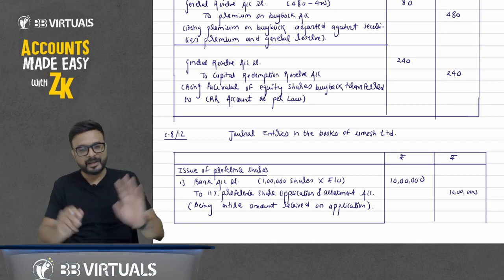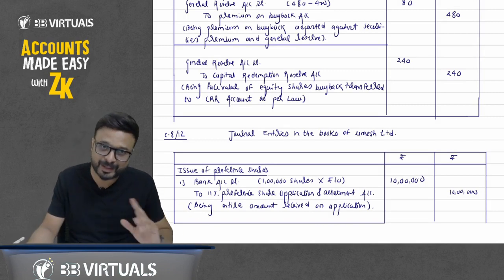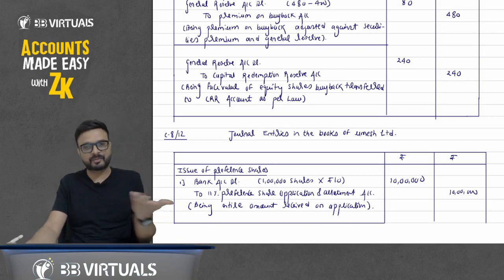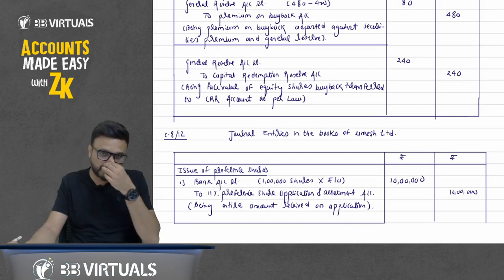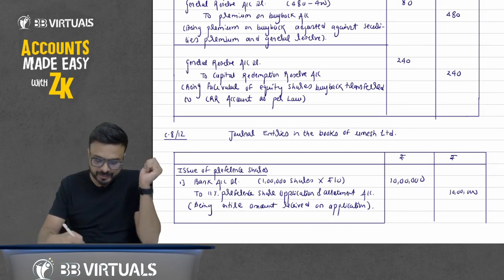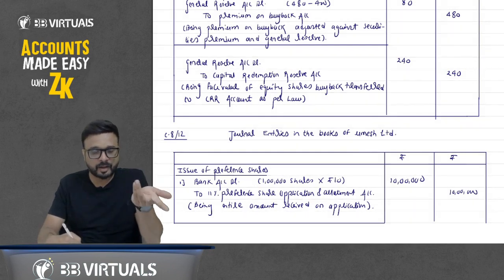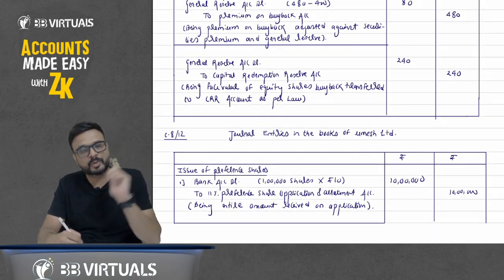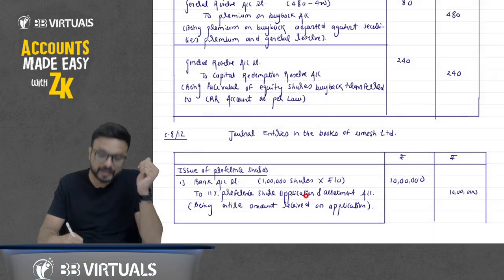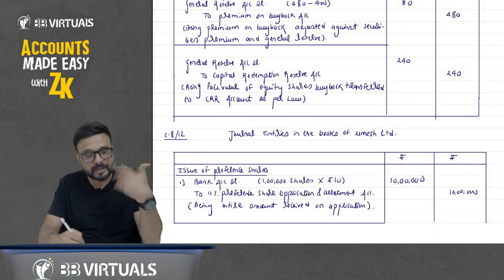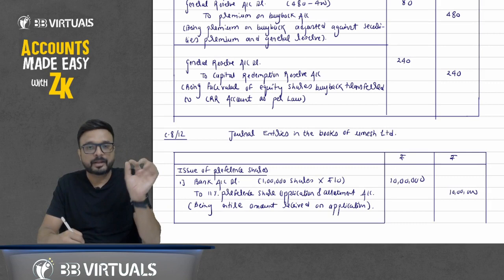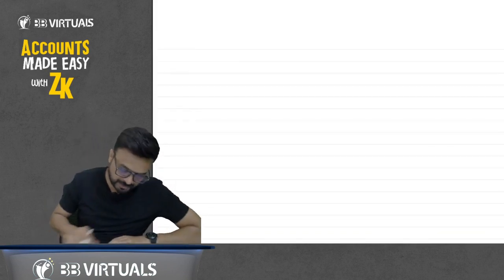The effect will be the same, I mean to say the effect will be bank account debit to share capital account. We have received the amount and share capital increases. But first we have credited the application account because we received this amount at the time of application, and now we transfer the balance of application to share capital account. So we will now debit it. So the net effect will be bank account debit to preference share capital account. Pass next entry.